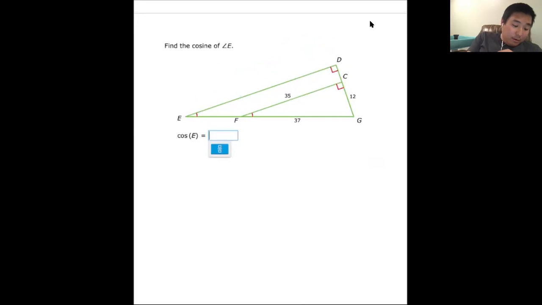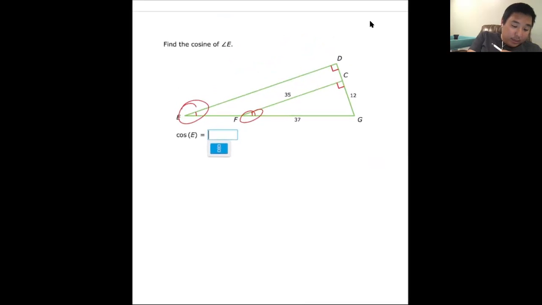So it's a little bit harder. We want e, which is the same as f. So cosine. This is the hypotenuse. This is the adjacent and the opposite. So 35 over 37, using this.